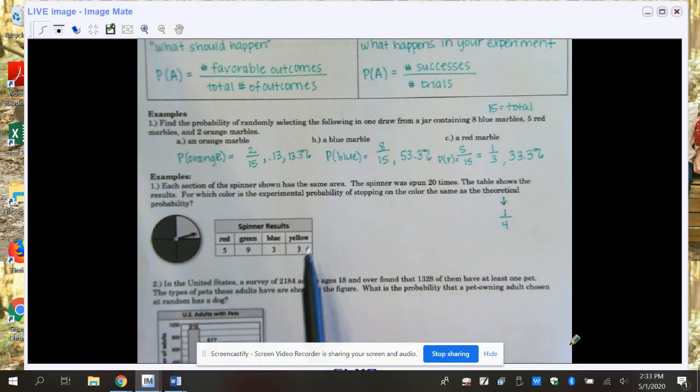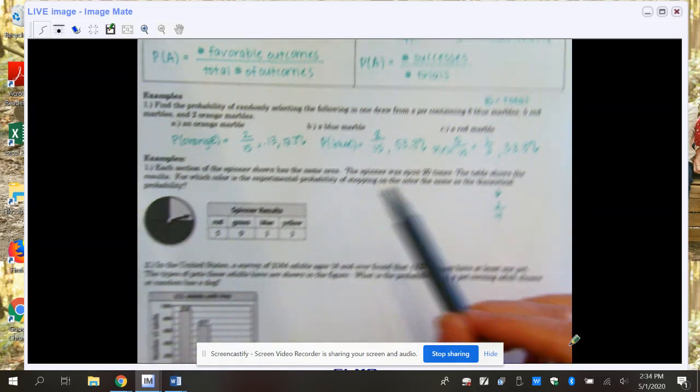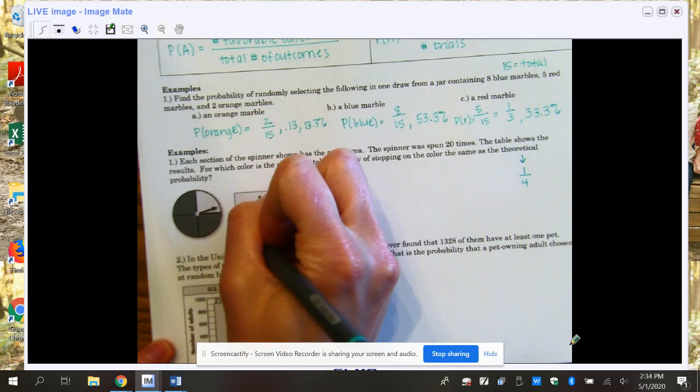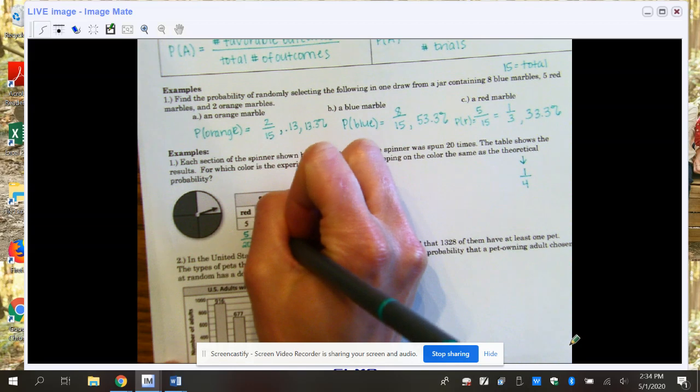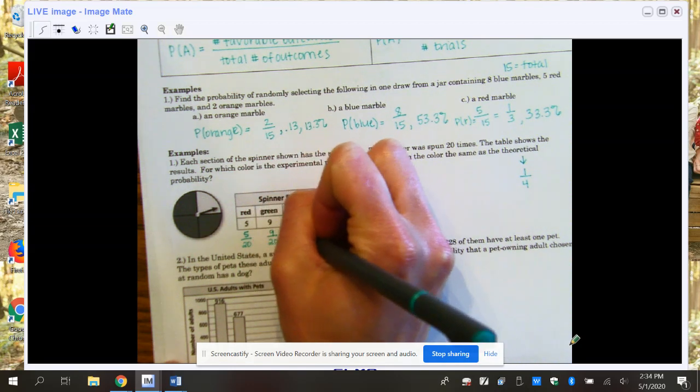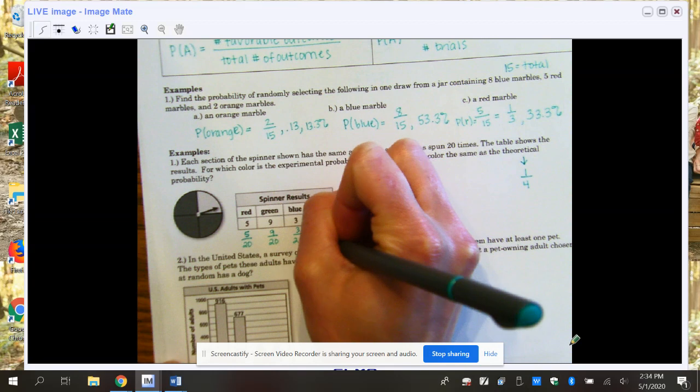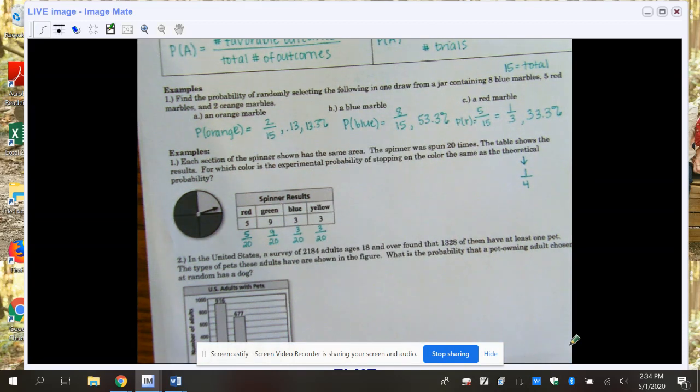Okay, but as you can see here, when we did the actual experiment, we did not land on the 4 colors the same number of times. So the experimental probability is different from the theoretical probability for most of these colors. So in terms of the experimental probability, if it was spun 20 times, we spun red 5 out of the 20, green 9 out of the 20, and then blue and yellow 3 out of the 20.